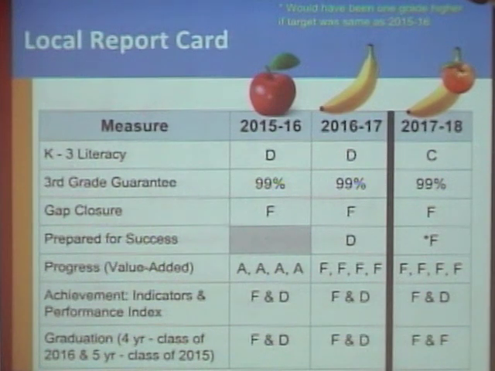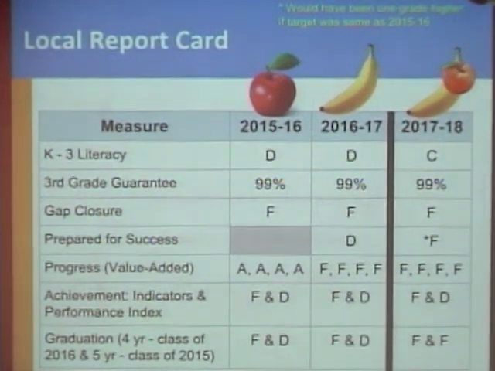Last year I talked to you about how we were seeing for the first time in those early elementary grades that students were ending the year reading on grade level or a hair away from being on grade level. And we're seeing now in K-3 literacy that progress is continuing, that we're seeing that increase, because we've moved all the way up to a C.